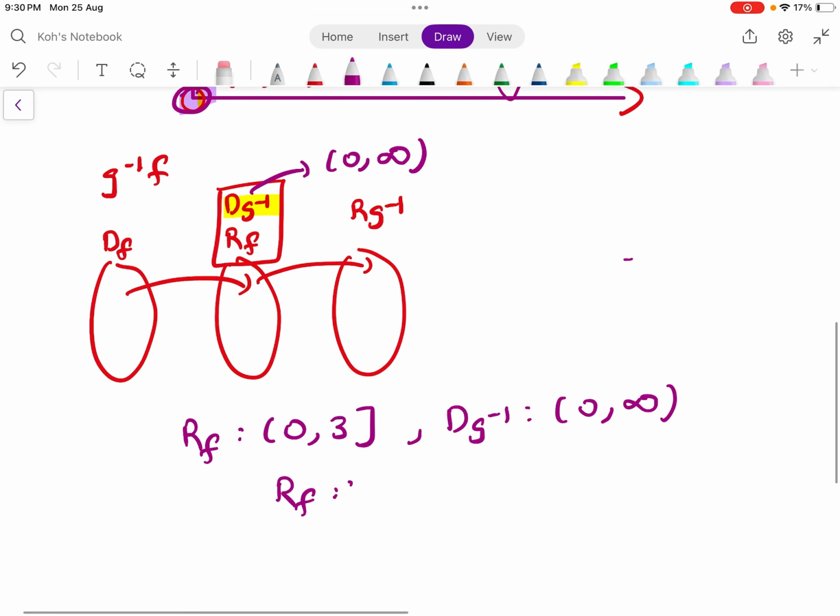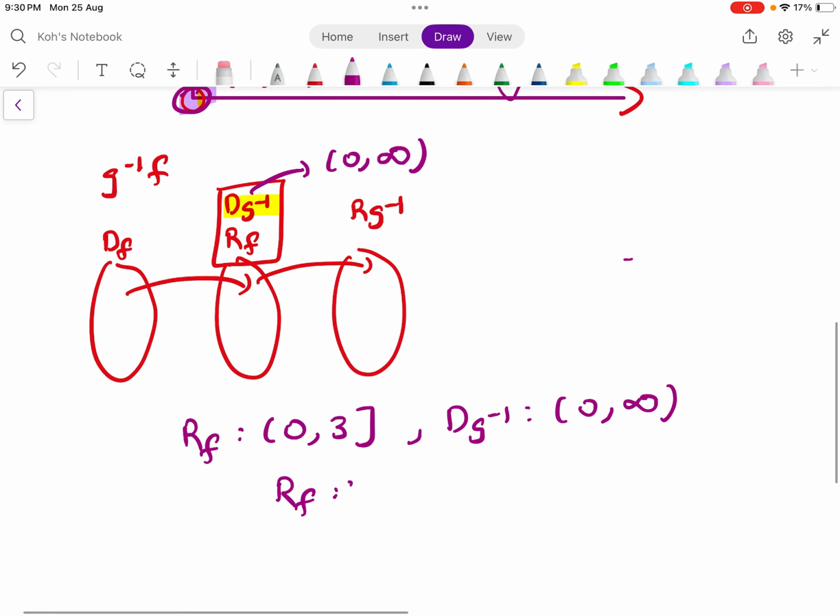Then my domain of g inverse is here, and it is equal to the range of f, so I will need to reset it to 0 to 2. So domain of g inverse will now become 0 to 2 inclusive.